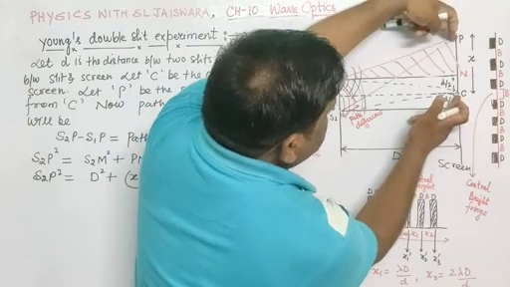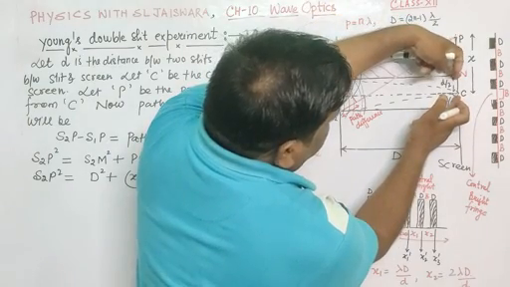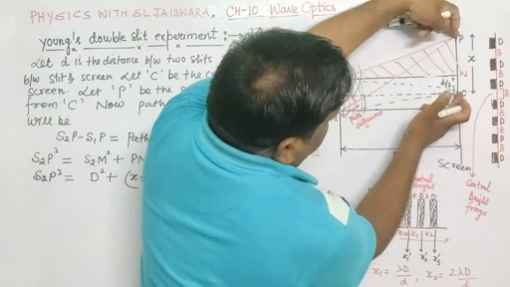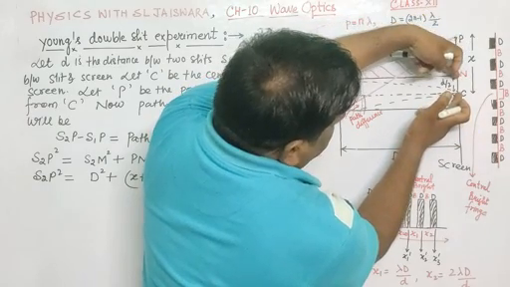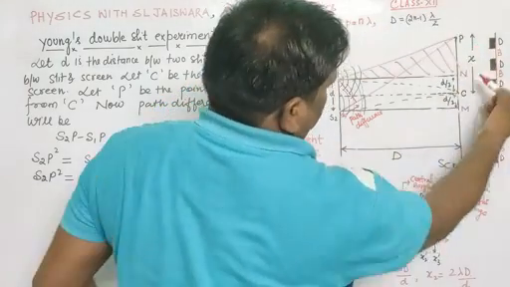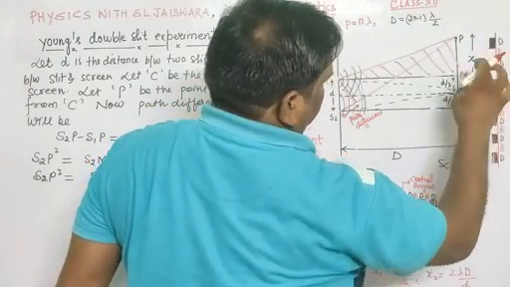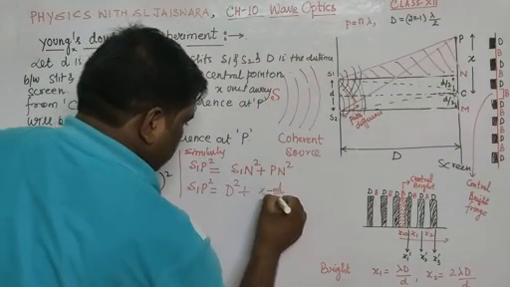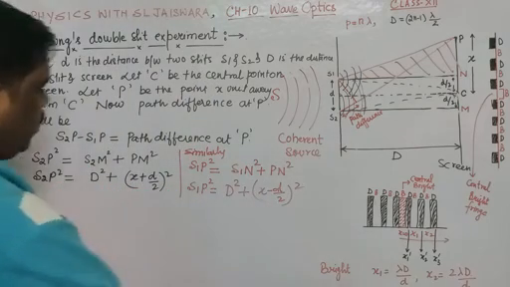See, this much is x and this much is d by 2, so this whole minus this will be this, so PN will be x minus d by 2. So x minus d by 2, this whole square.